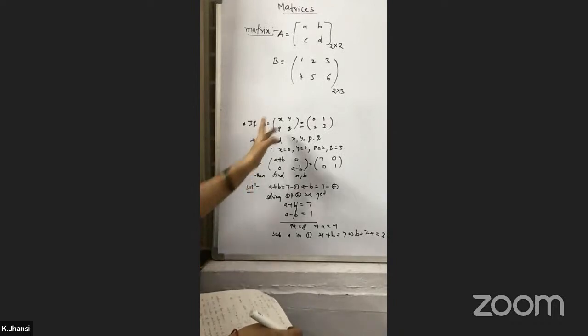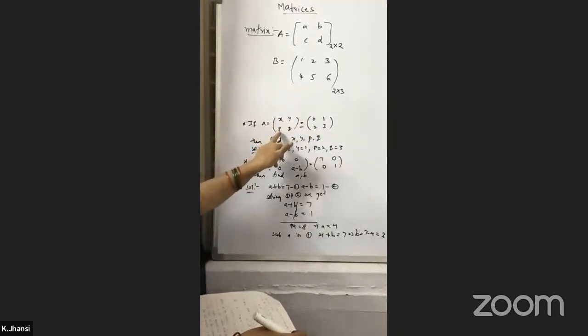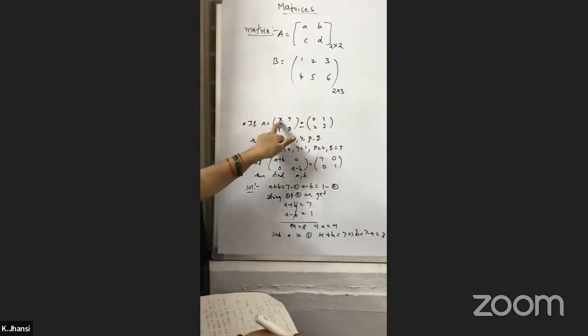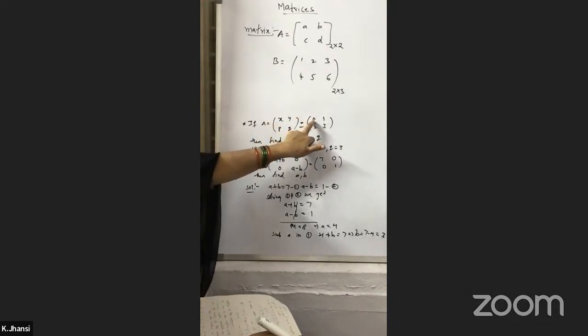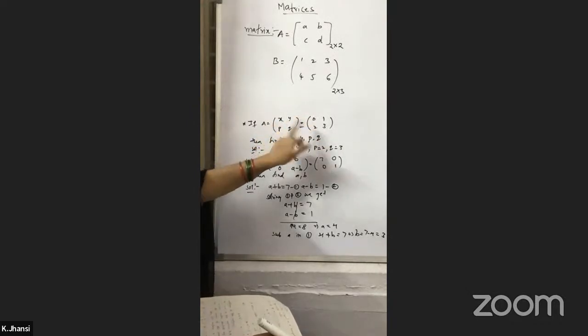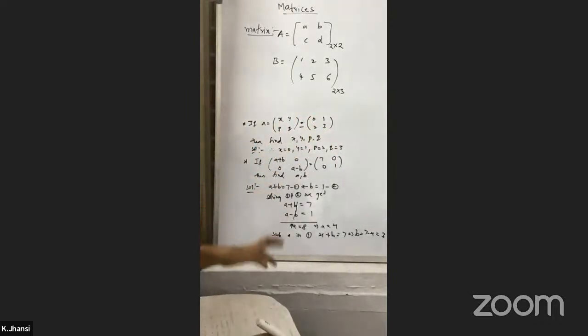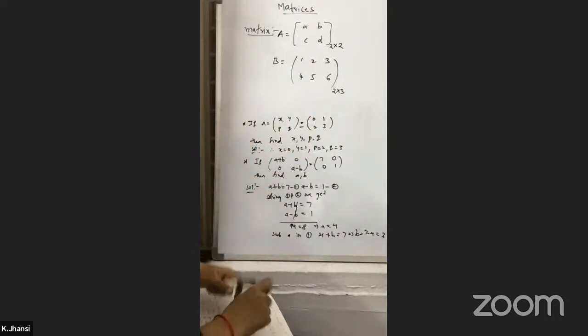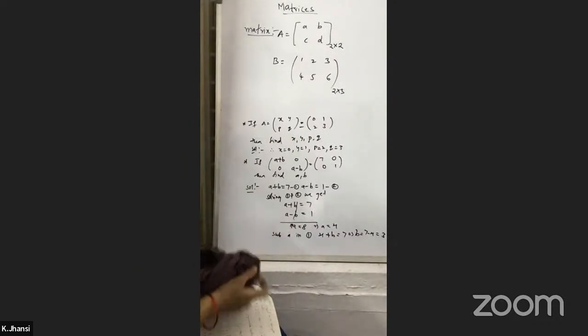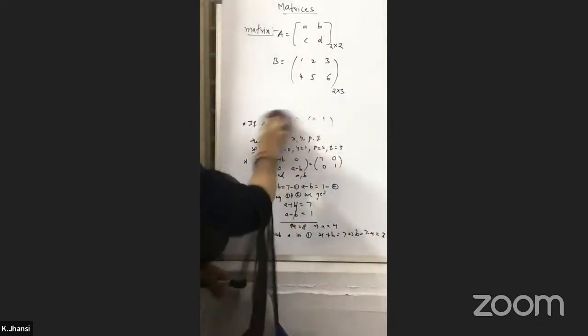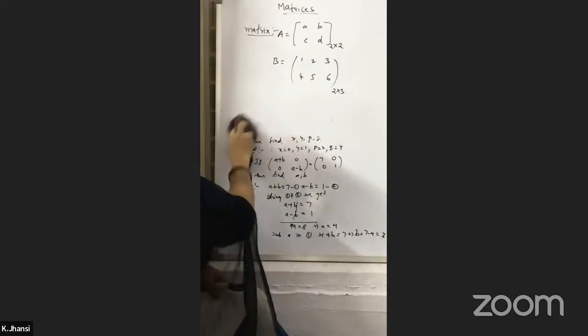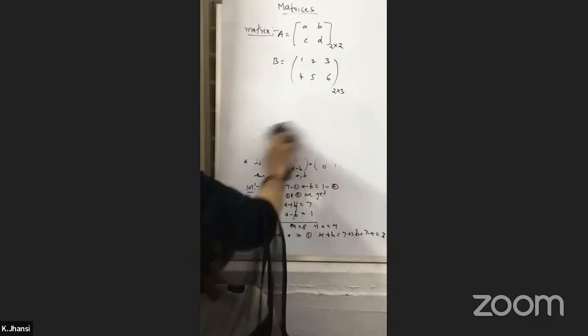Because addition means adding the corresponding elements. Whatever element is here, for that element you will add or do the subtraction. So that's why, if they have the same order, then only the addition or subtraction of the matrices will be possible. Okay. So that is about the addition of two matrices.